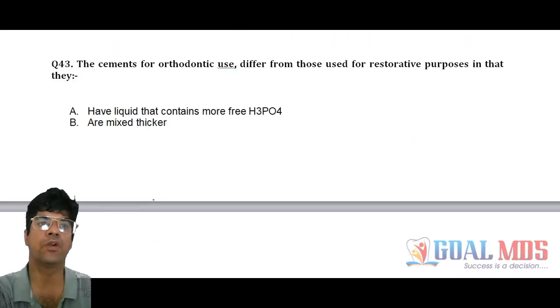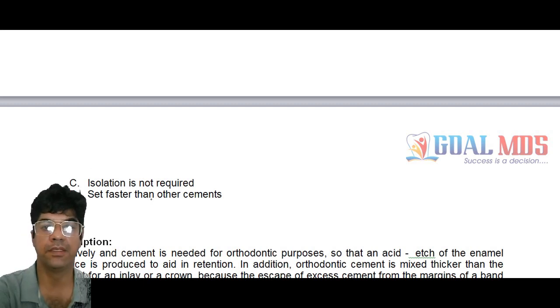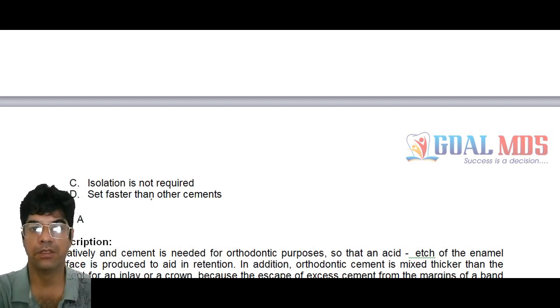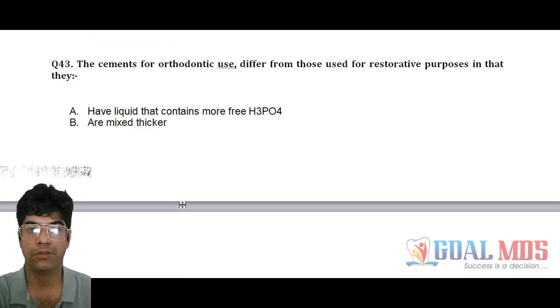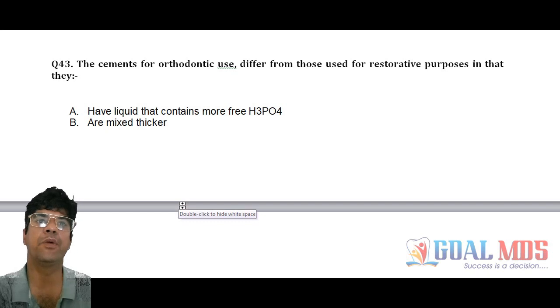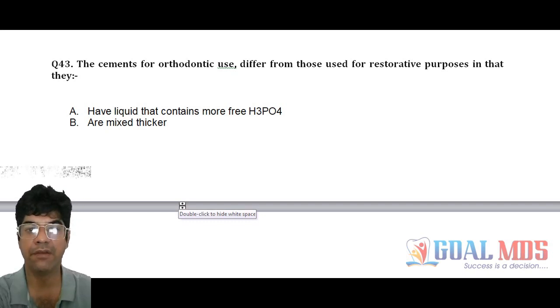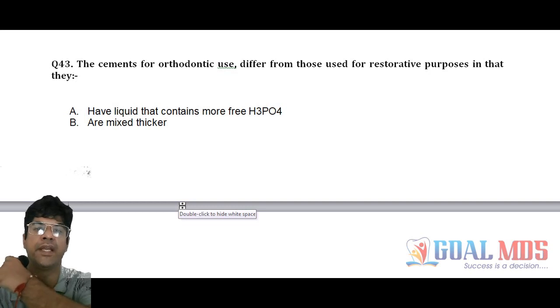The cement for orthodontic use differs from those for restorative purpose in that, so the answer is A, the liquid contains more free phosphoric acid.